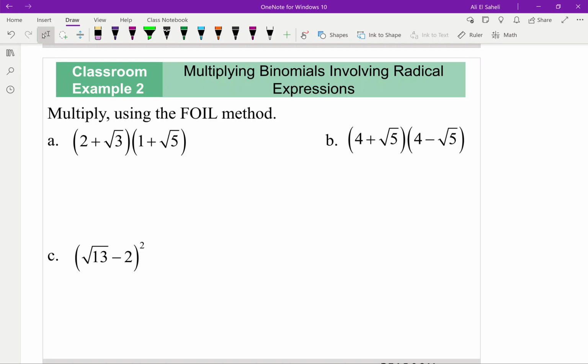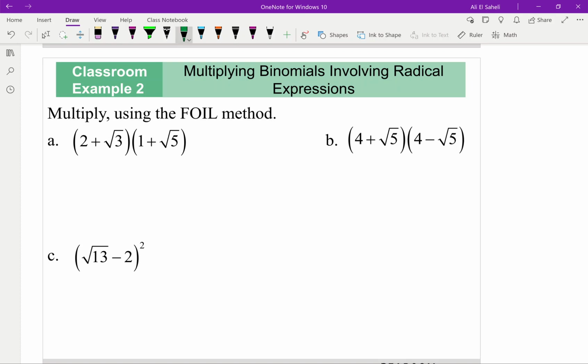Multiplying binomials involving radical expressions. Okay, as we learned before, it's called the FOIL method. We simply multiply this by this by this, and then this by this by this, as we have done before, but now we have radicals to work with.